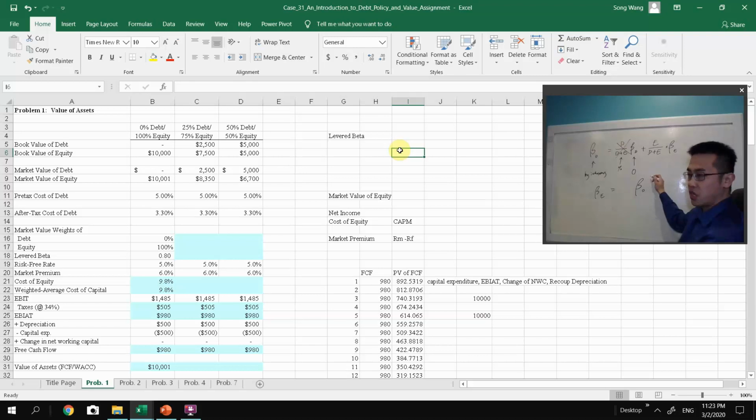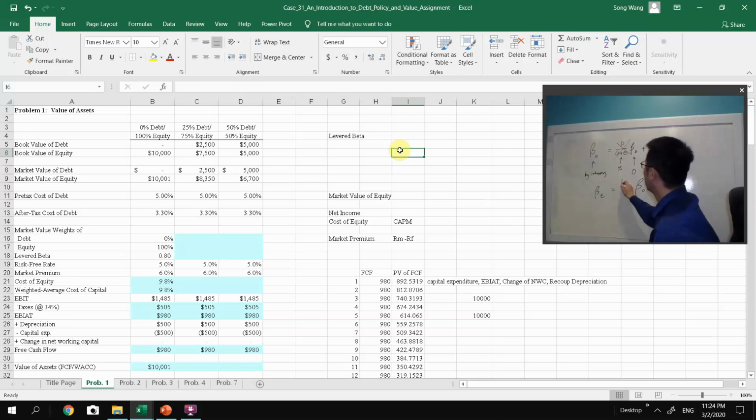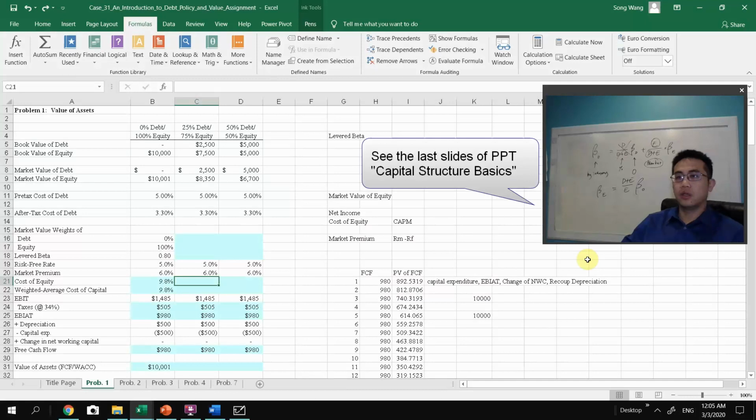It is purely determined by the industry, determined by the firm, and then it is the total capital divided by E. So what you see on the board here is how to solve the levered beta based on the unlevered beta and the company's debt and equity structure. And we have a very big assumption right here that there's no tax getting involved.